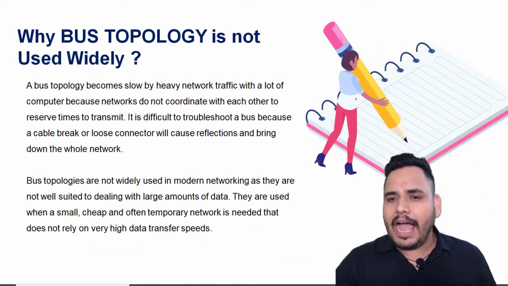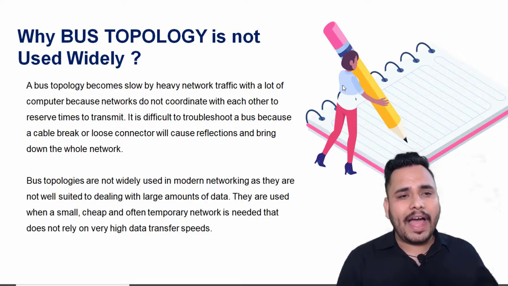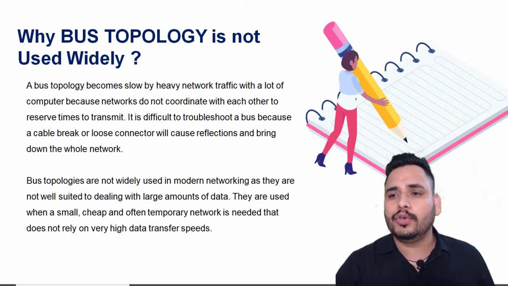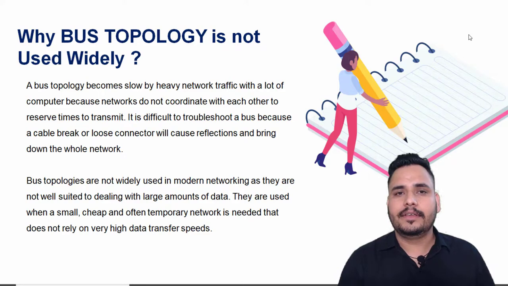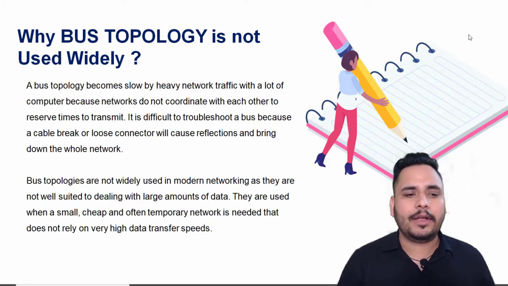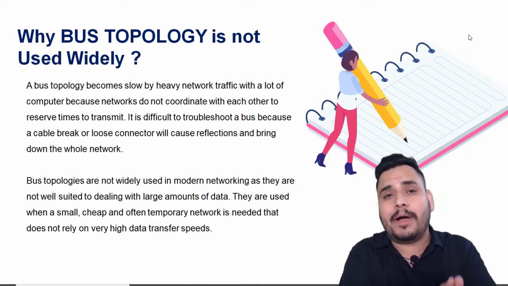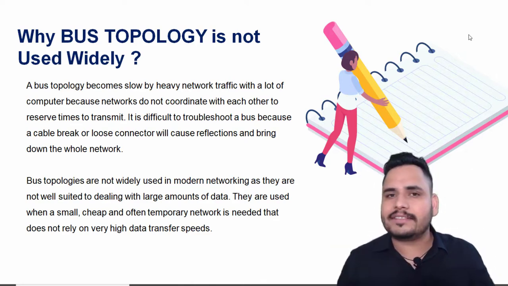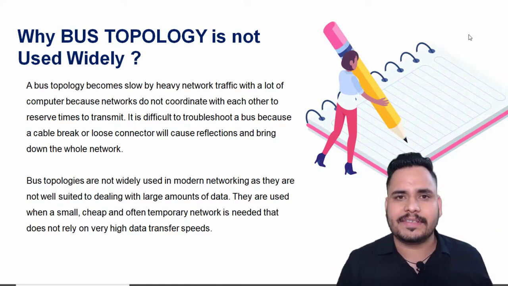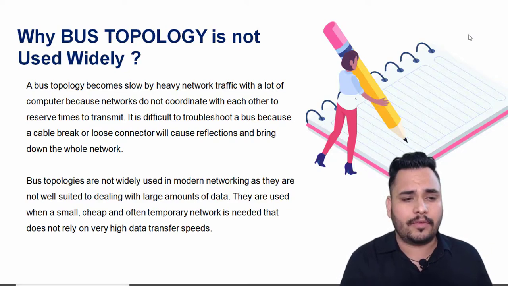We have to discuss one more important point in our lecture: why bus topology is not used widely nowadays. Bus topology cannot be used in modern networking because it is not well suited to dealing with a large amount of data. In today's networks, we have a lot of PCs, hundreds or thousands of PCs. If my topology cannot deal with a large amount of data, then it is not suitable for me.